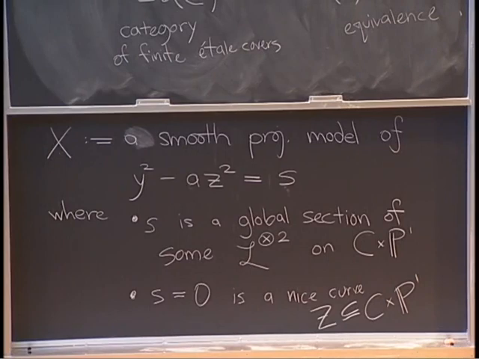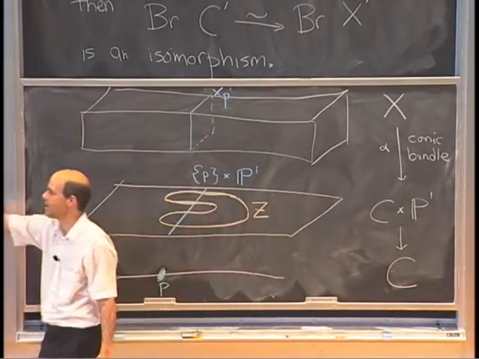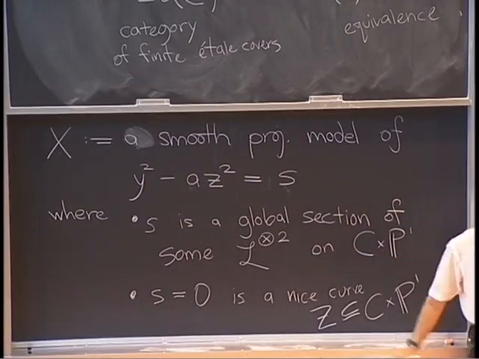And then the final condition, to prove these three conditions, 1, 2, 3, is that if you look at the fiber X_p, what is that going to be? It's obtained by essentially the same equation, except you restrict S to that line.